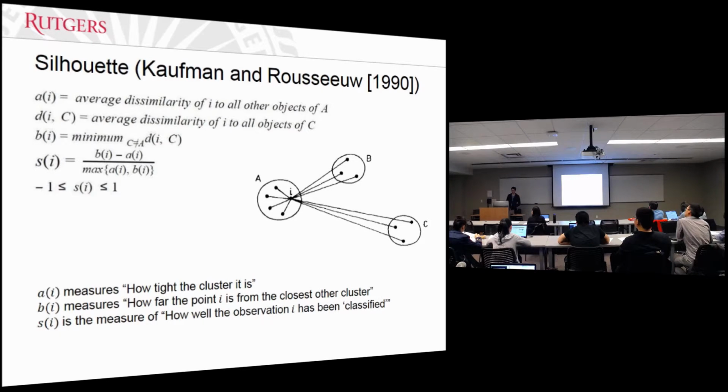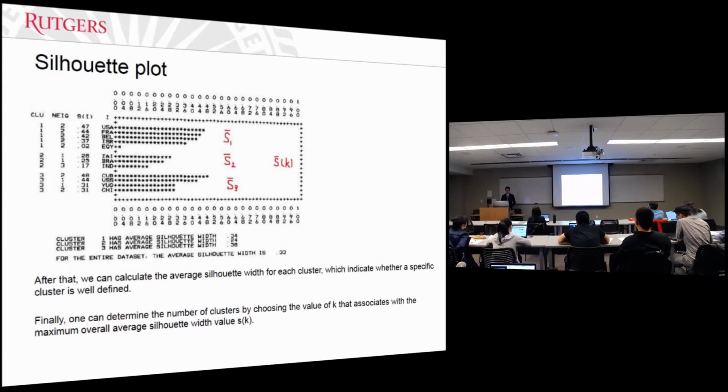So next is the silhouette plot. So after we calculate each silhouette value for each observation, we can have the plot like this. So the first column is actually the cluster which has been assigned to each observation. For example, our first 5 observations have been assigned to cluster 1, and the second 3 have been assigned to cluster 2. And the next column is the nearest neighbor to each observation. And the third column is each individual silhouette value for each observation.